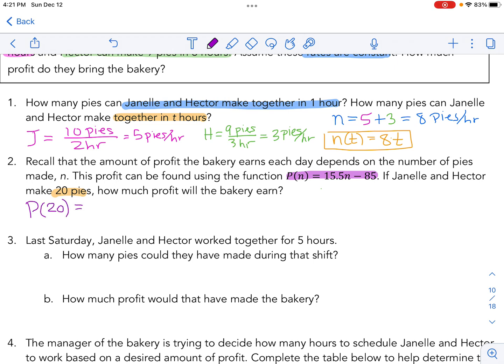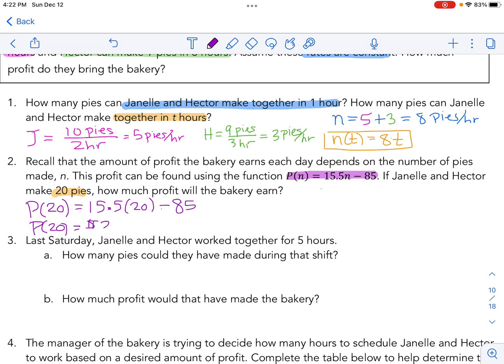So we can use that profit function and find the profit for 20 pies by just substituting in the 20. So 15.5 times 20 pies minus 85 is what the profit equals. And so our profit for 20 pies is going to be $225.